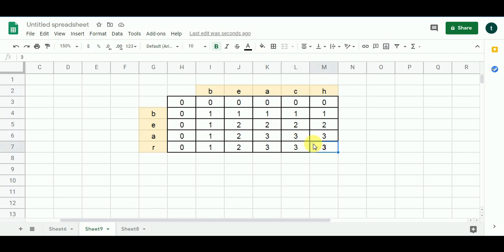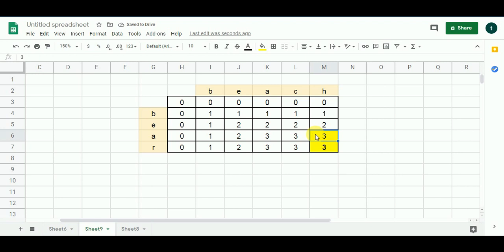So we are going to either move in this direction or this direction, because we have to move in the direction of the maximum value. We are taking the maximum value out of these two cells. Here we have 3 in both these cells, so I prefer to go up. So let me quickly highlight this with color.